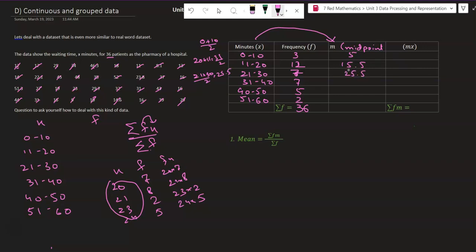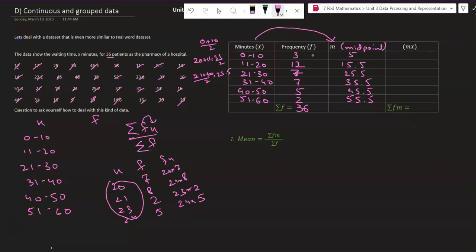And then you can see that this is a pattern. Since the ranges are the same, I can just see the pattern and write 35.5, 45.5 and 55.5. And so now I have a unique value in place of x, since we have ranges, we have a midpoint.